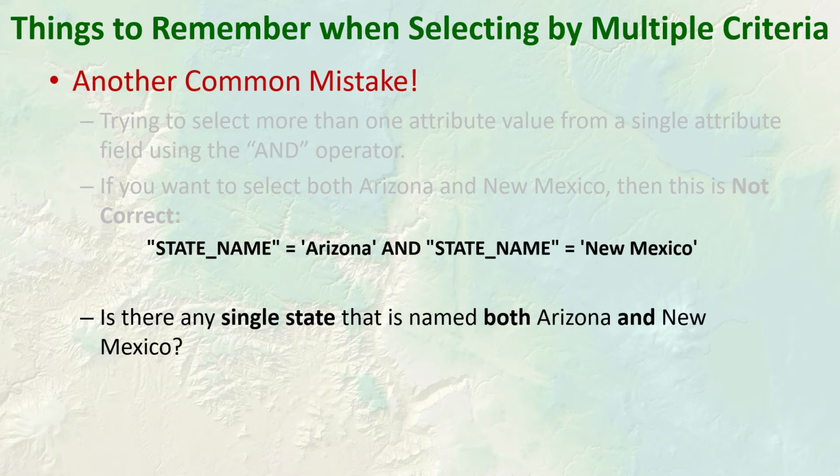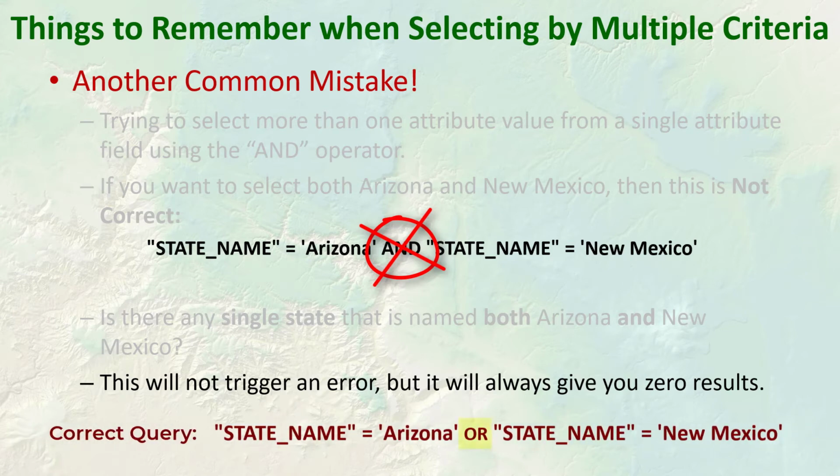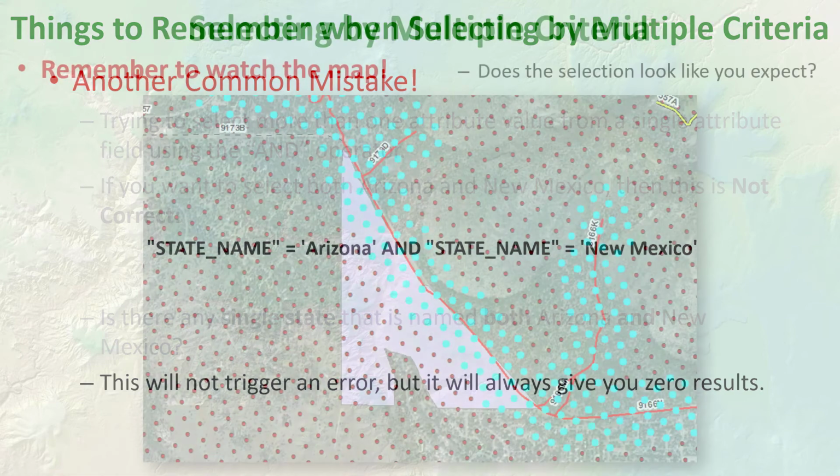No, states only have a single name. If you look closely at this query, it's asking for a state that has two names. Problem is this will not trigger an error, but it'll always give you 0 results. So it's kind of subtle and sneaky, and you might do it and not even know you did it, not until later, when you're just not getting the output you thought you'd get. So you just got to learn the language.